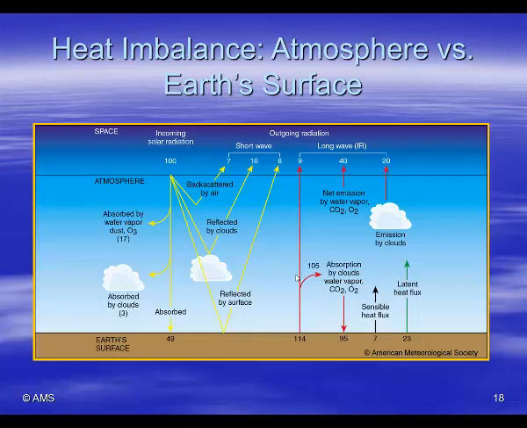So what we have is about 114 units, or 114% of the incoming, is re-radiated out at a longer wavelength. 105% of that is absorbed by clouds, water vapor, CO2, and O2.